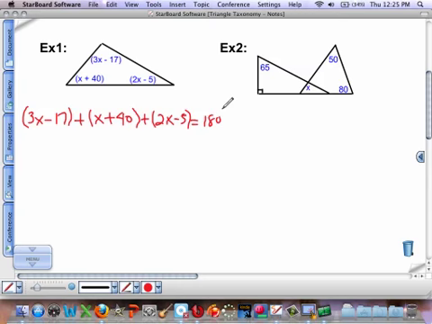Okay. How do I solve this? Okay, so add up like terms. All right, so Lucas, what does that give me? 6x.